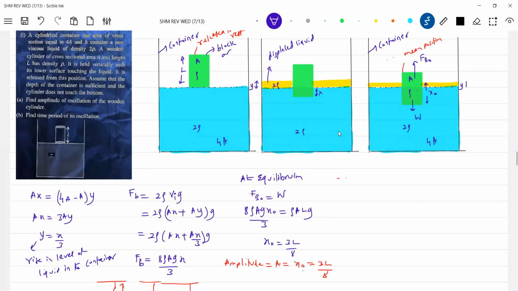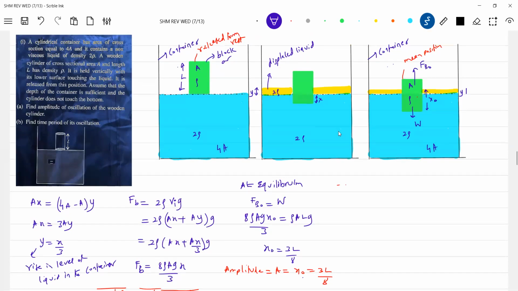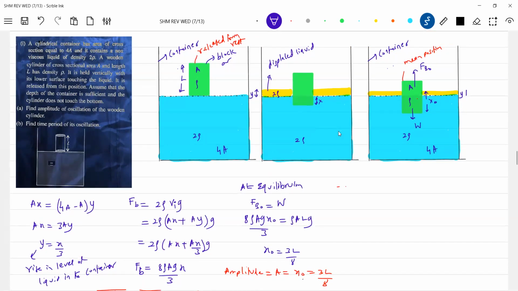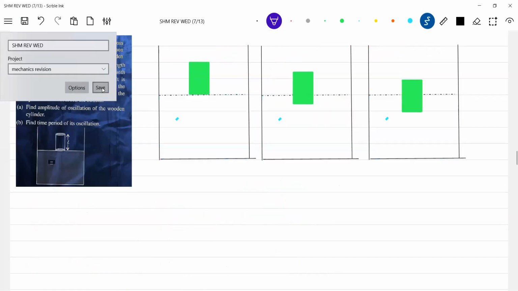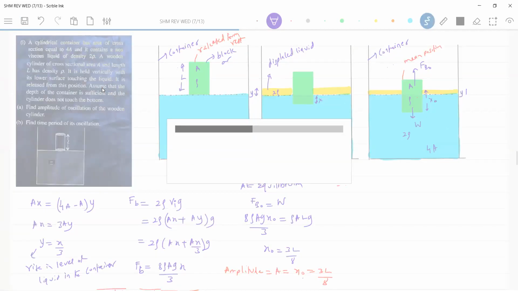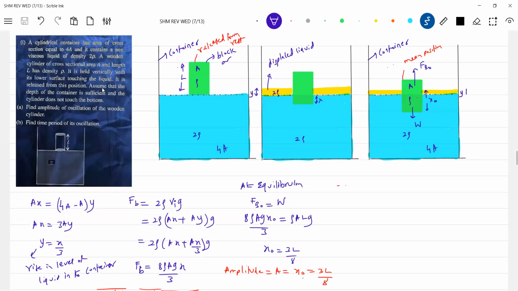How to get the time period? If you further press it, then what happens? The additional buoyant force will be only this much.